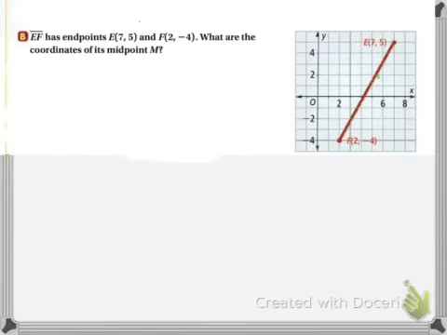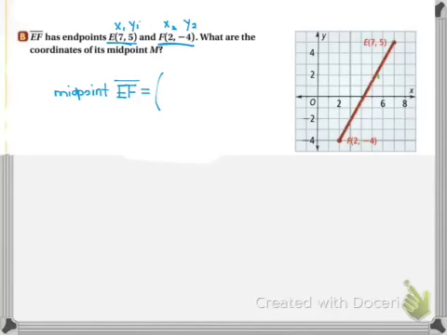Okay, moving on to the midpoint in the coordinate plane. Again, it's going to work a little differently. We have that point E is at (7, 5), point F is at (2, -4), and here we want to find the midpoint of EF. In order to do that, I'm going to label our coordinates (x1, y1) and (x2, y2).